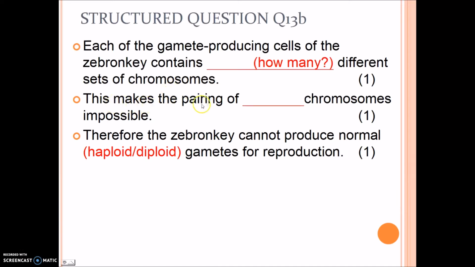So this makes the pairing of what kind of chromosome impossible. That's why I want you to recall the chromosome behavior in metaphase 1. And the last part, therefore, the subbronchi cannot produce normal gamete for reproduction. Hope this framework can help you to answer question 13 part B.